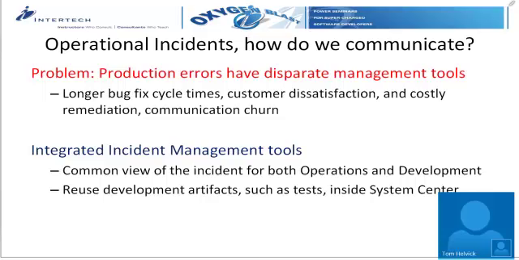And then you can use some things that are similar, like the artifacts for testing and looking at what is that error that I hit in production. So how can an operations person who knows a ton about how the servers are working and how the application works within that server environment go out and see what is happening in the environment and try and communicate that back to the developer.